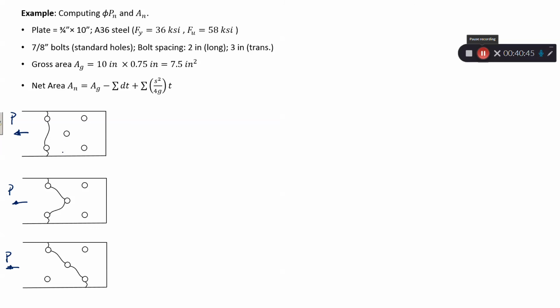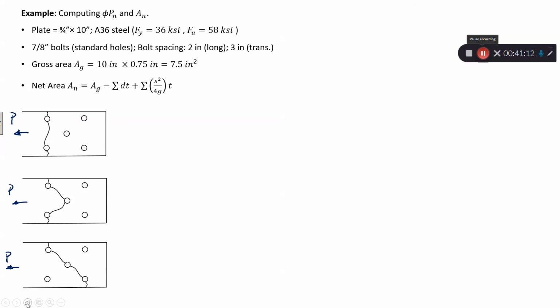The first one is pretty straightforward. We have the straight line, so your AN will be equal to the cross-sectional area subtracted by the two hole areas. It tells us we have 7/8 inch bolts, and the bolt spacing is 2 inches in the longitudinal direction.